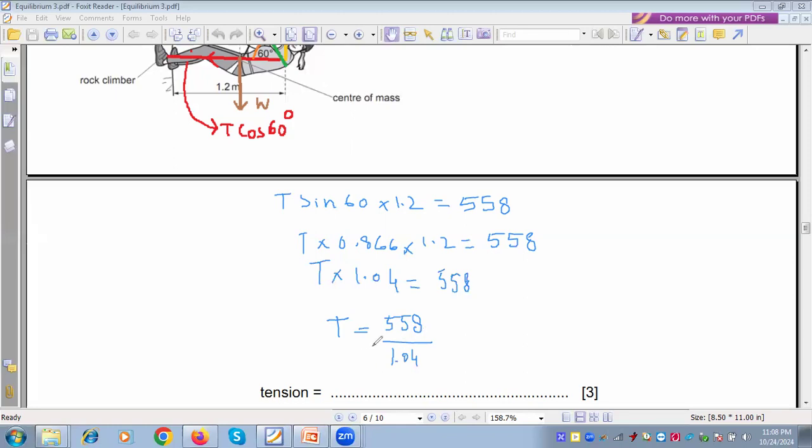So 536.5 means 537. To three significant figures, 537 Newton is the tension in the rope.